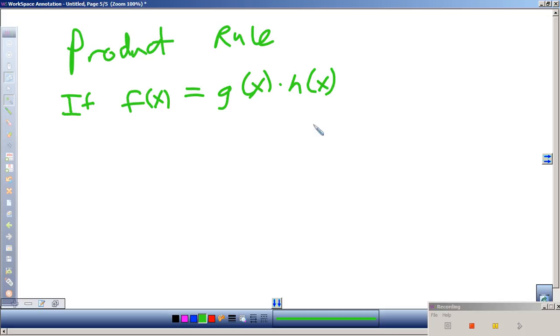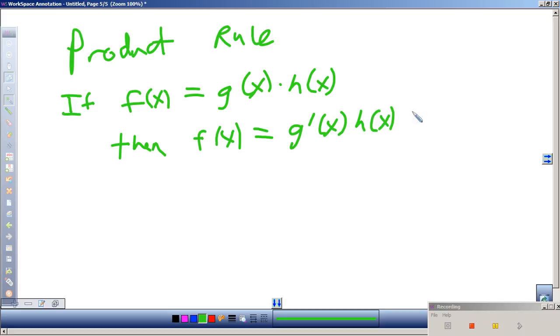Now, addition was really easy, multiplication not so much. Then f prime of x is the derivative, so g prime times h plus h prime times g.